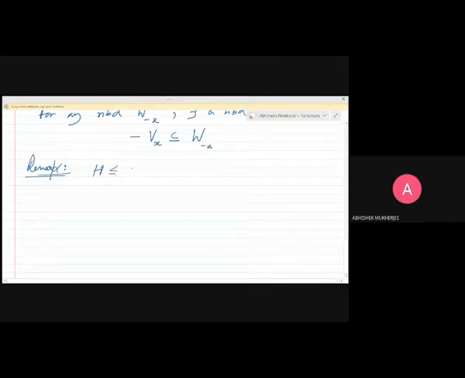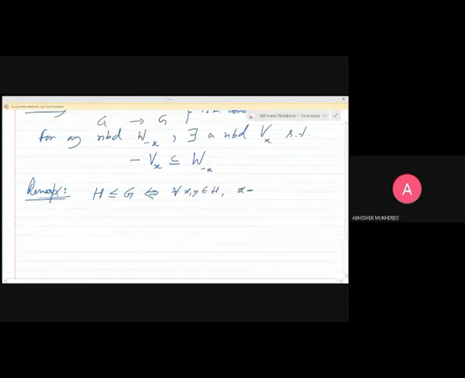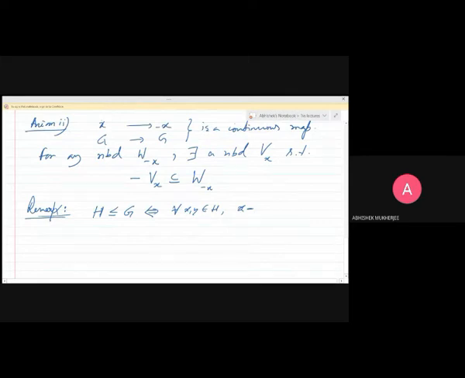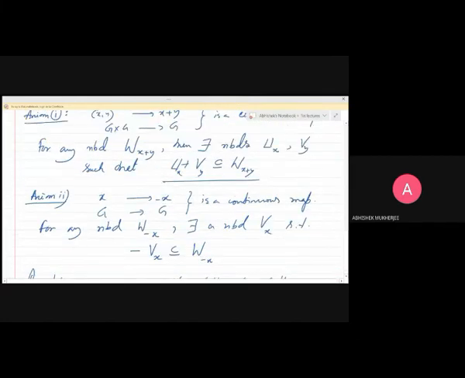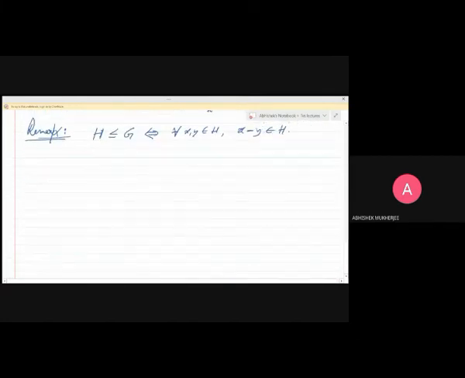H is a subgroup if and only if for every x, y belonging to H, x minus y belongs to H. So keeping in mind this condition for a subset of G to be a subgroup, we can replace axioms 1 and 2 by this one.